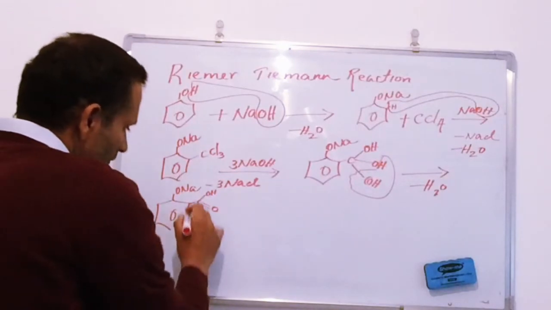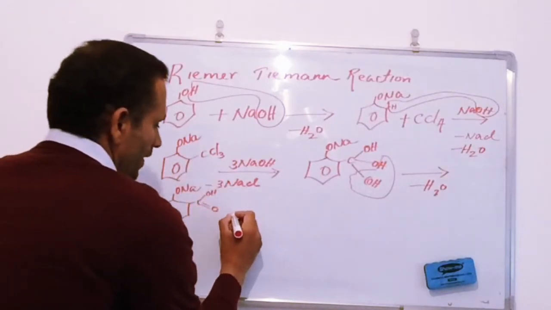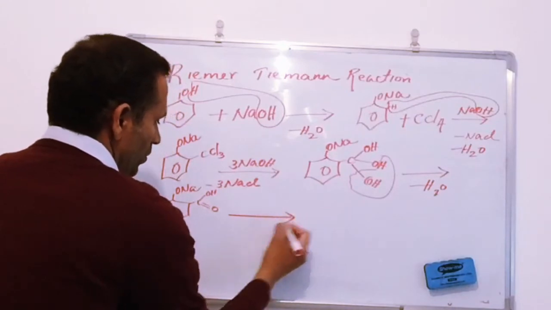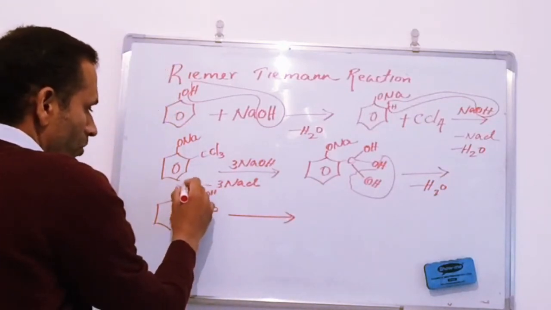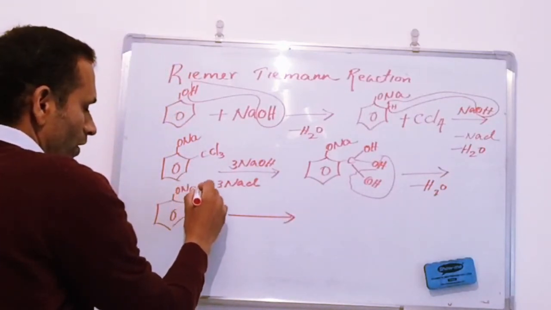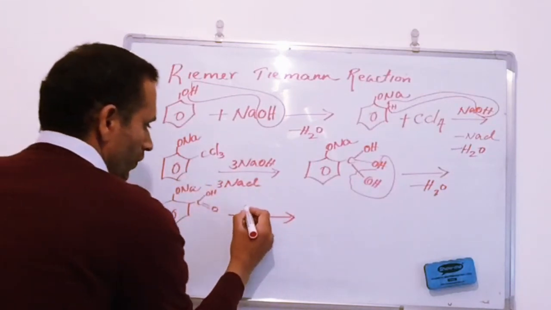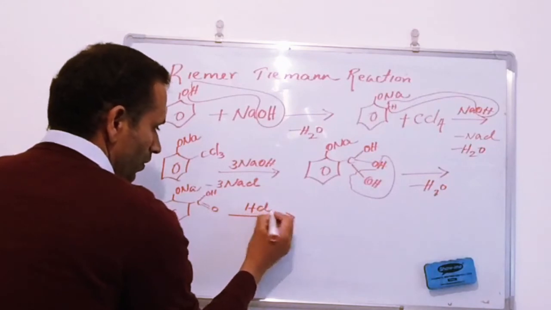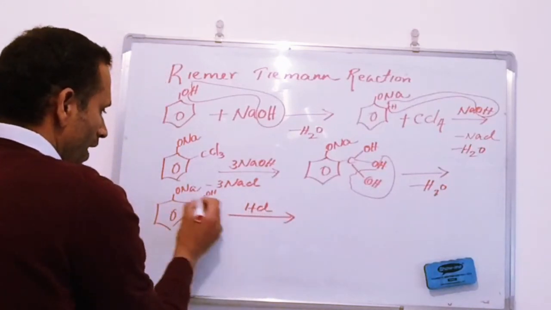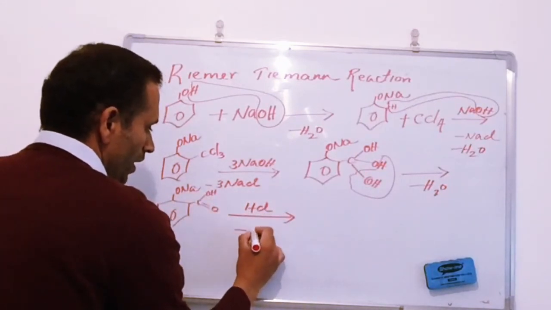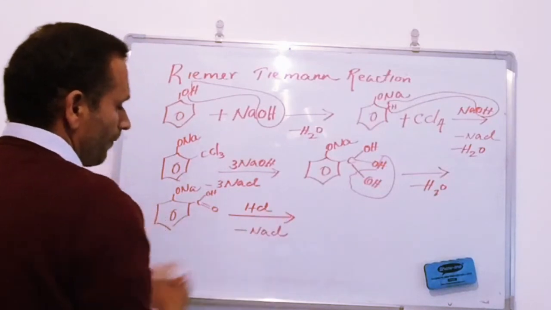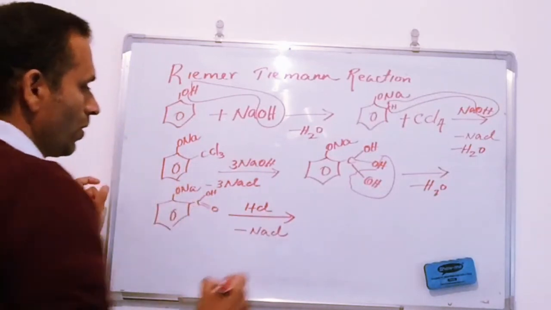So this is the sodium salt of salicylic acid. Here we have to exchange that Na with hydrogen. So we just acidify with hydrochloric acid. The chlorine and sodium combine together and form NaCl, and that hydrogen goes to oxygen.